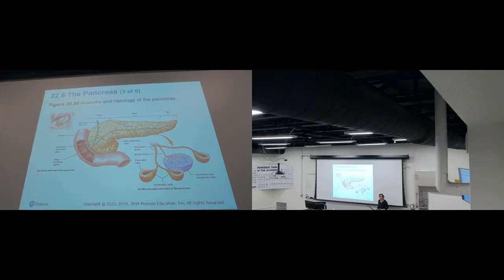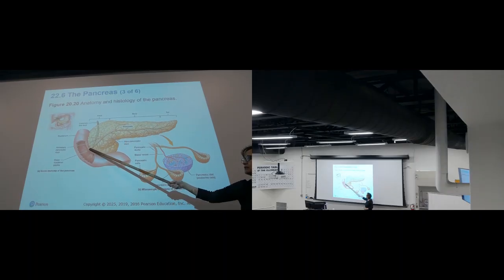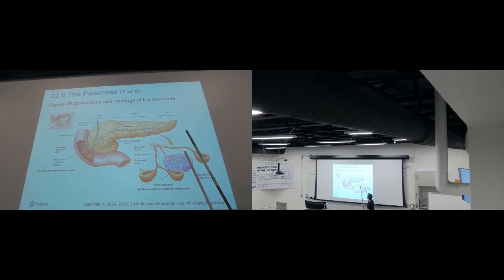Now, the enzymes from the pancreas are inactive. They only get activated in here. So they are proenzymes. If they were active in here, the pancreas itself would undergo self-digestion, which sometimes can happen. When this is obstructed, these enzymes can be activated here and the person will have pancreatitis.